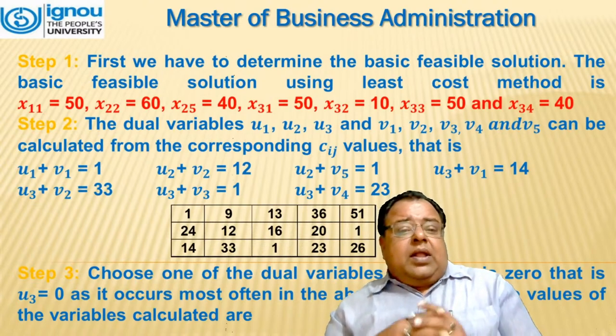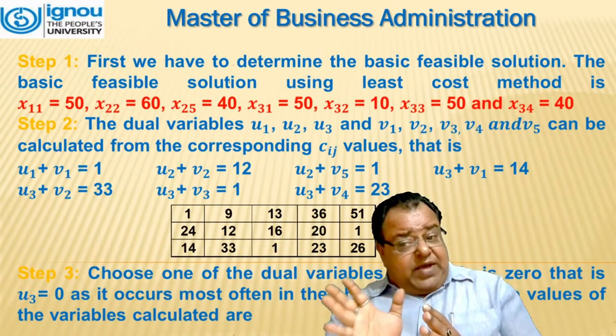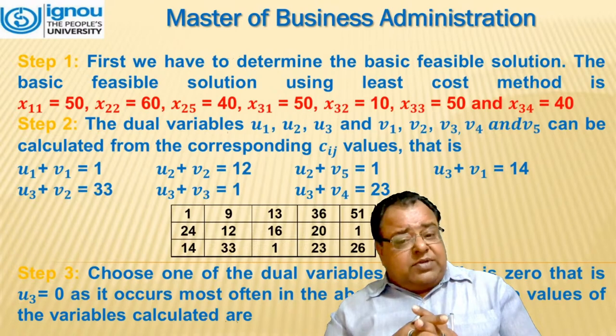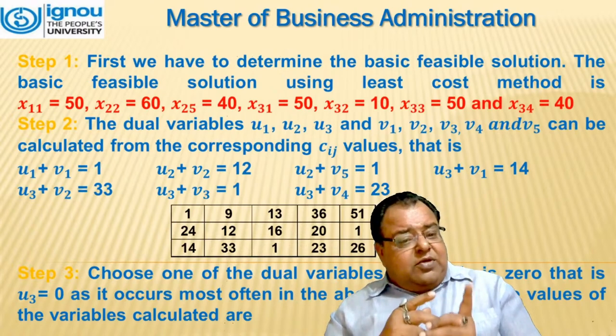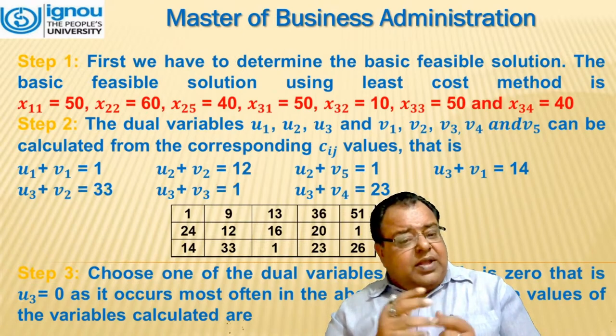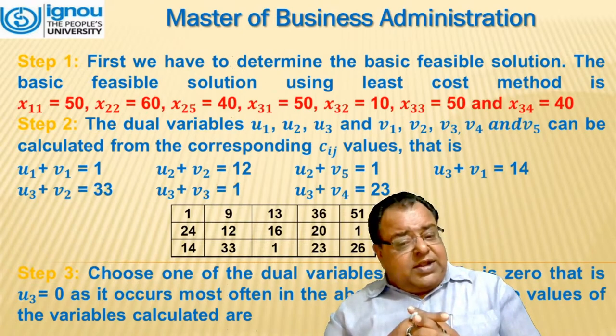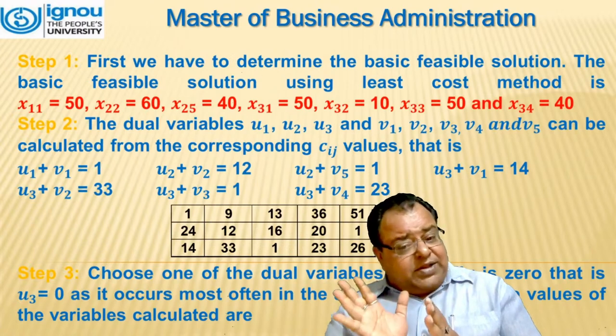Now, the variables u1, u2, u3, v1 up to v5 can be calculated from the corresponding cij values. That is u1 plus v1 equal to 1, u2 plus v2 equal to 12, u2 plus v5 equal to 1, u3 plus v1 equal to 14, u3 plus v2 equal to 33, u3 plus v3 equal to 1, u3 plus v4 equal to 23.